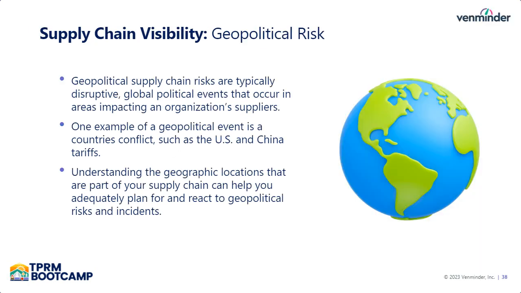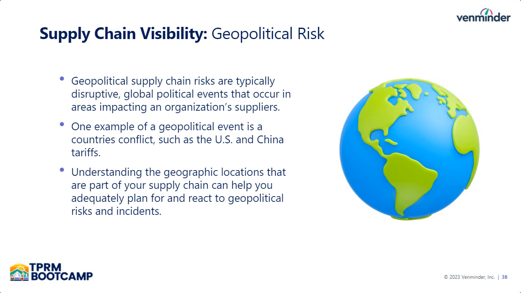So a lot of times these terms can all just feel like buzzwords, so I just want to talk about them briefly. Geopolitical supply chain risks are typically disruptive global political events that occur in areas impacting an organization's suppliers.